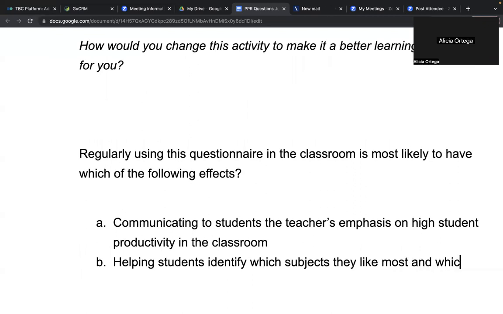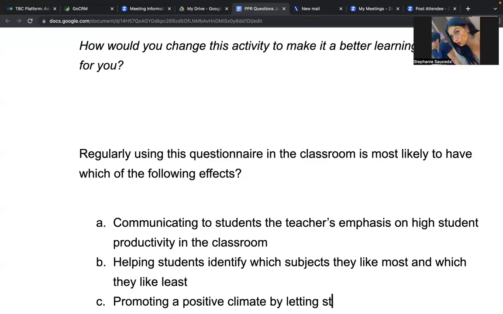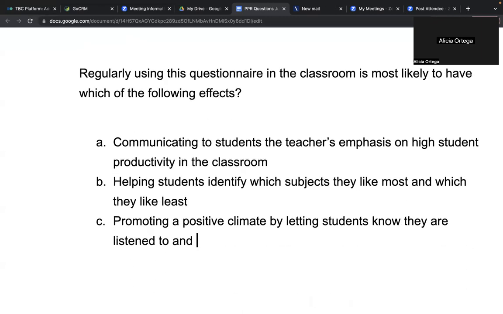A, communicating to students the teacher's emphasis on high student productivity in the classroom. B, helping students identify which subject they like most and which they like least. C, promoting a positive climate by letting students know they are listened to and respected.